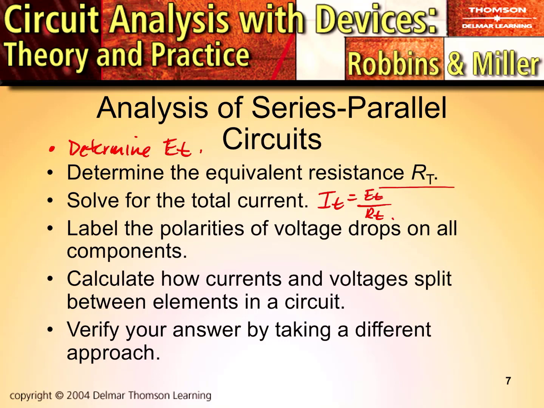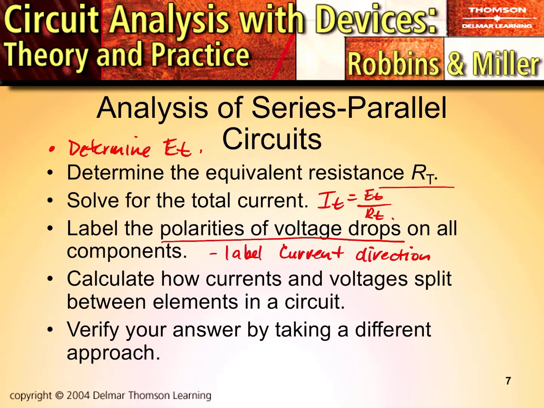Label the polarities of the voltage drops, right? And of course that means label current direction, because it's going to be the current direction that determines those voltage drop polarities. So that's part of that as well, labeling the current direction.